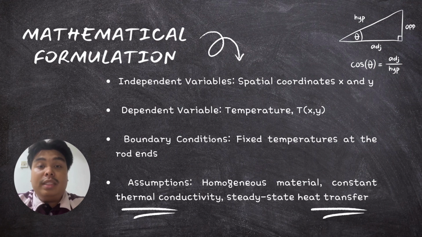Constant temperatures are specified at both ends of the rod as boundary conditions, and assumptions such as steady state operation, constant thermal conductivity, and one-dimension heat flow are applied to simplify the analysis.